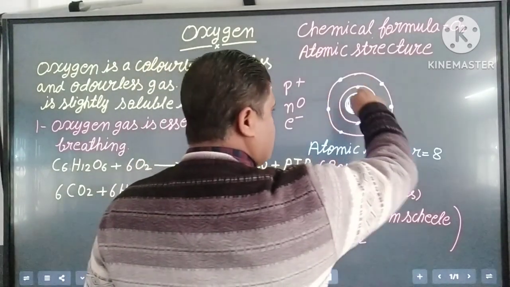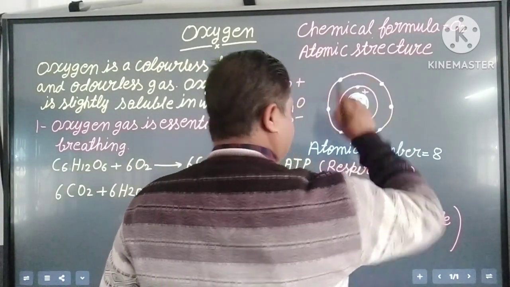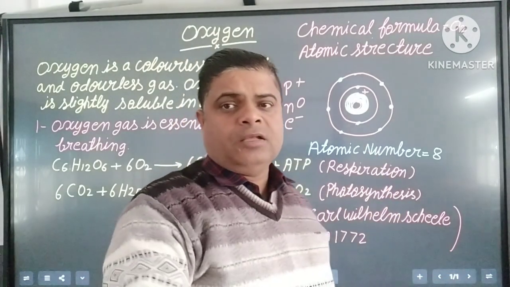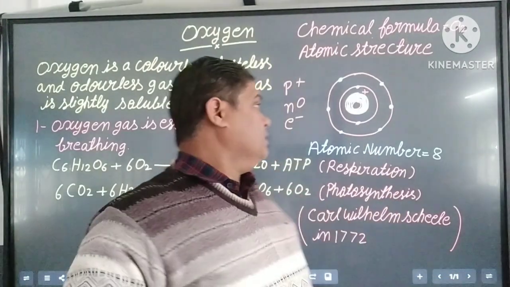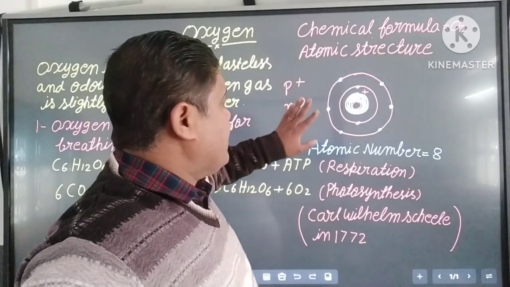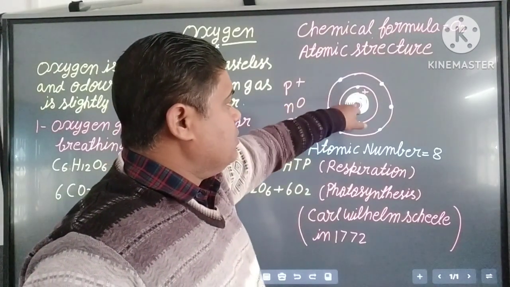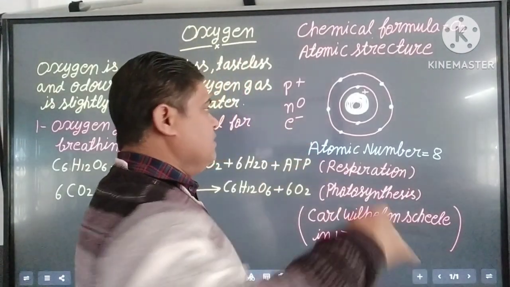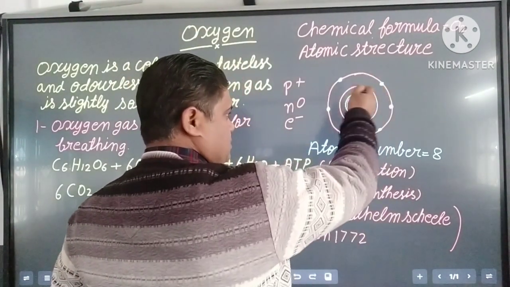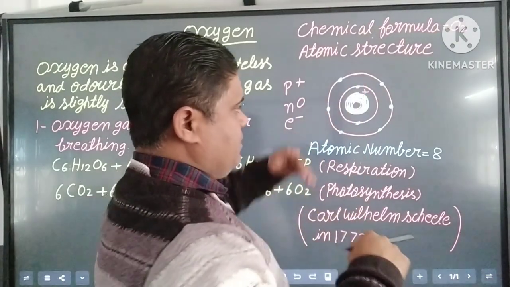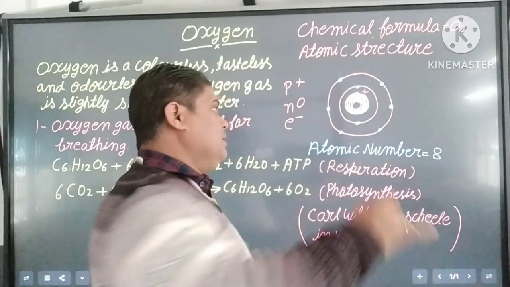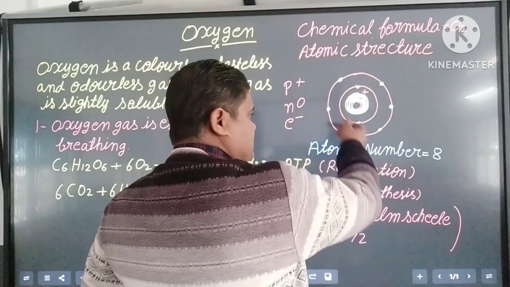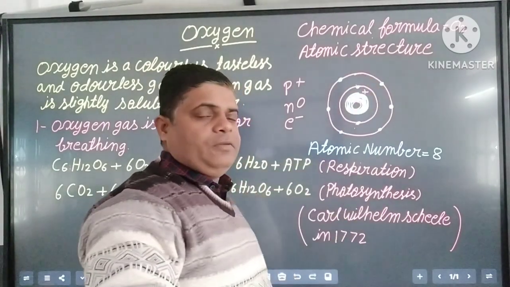That's why the whole nucleus has a positive charge, because the proton has a positive charge and neutron has no charge. That's why the whole nucleus is positive. And the electron, which has a negative charge, revolves around the nucleus. It is divided into different shells. The first shell contains 2 electrons and the second shell contains 6 electrons.